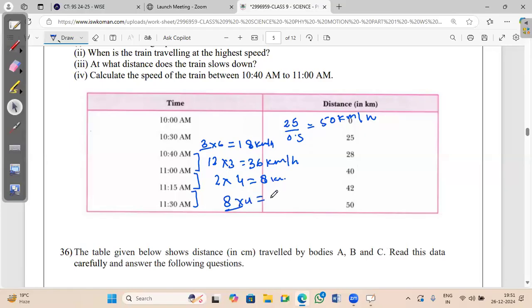So 8 times 4, that's 32 kilometer per hour. So the top speed is 50 kilometer per hour in the first 30 minutes.